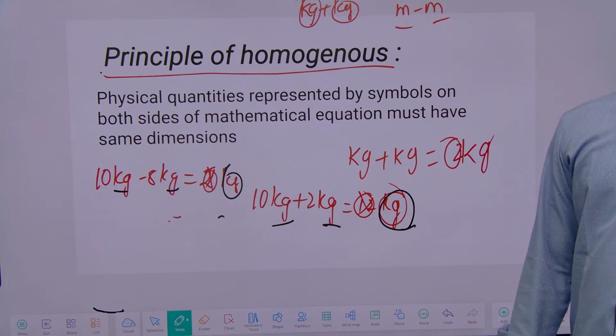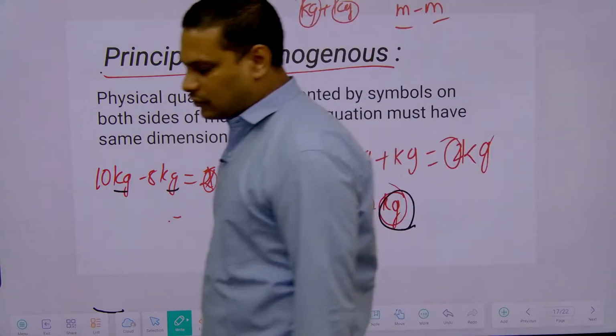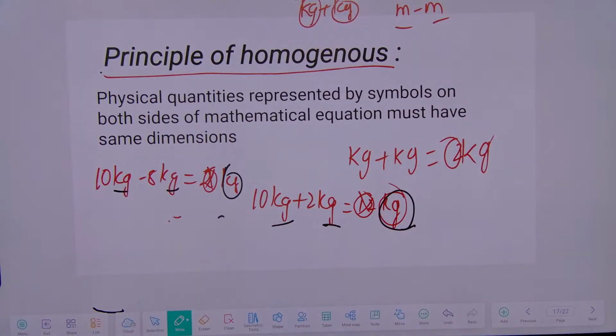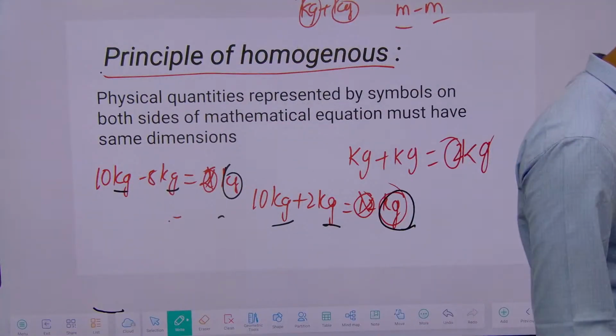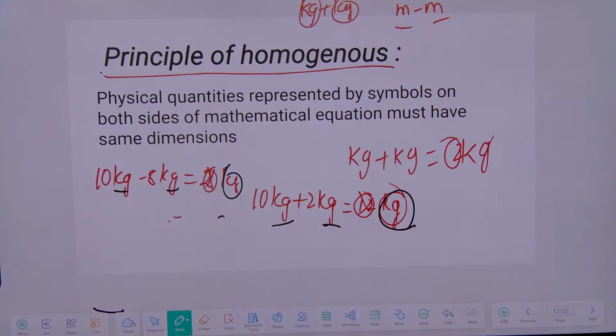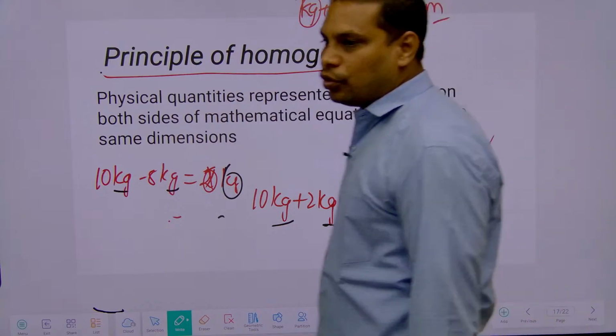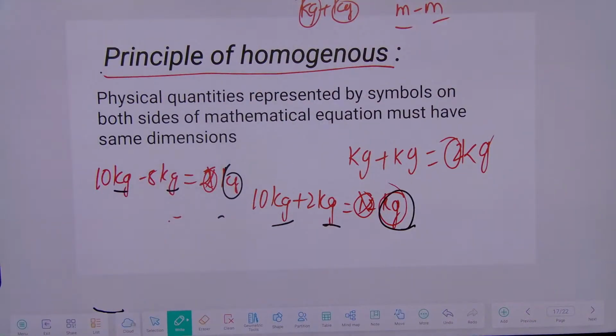Shall I explain in a short point? Write down: the addition or subtraction must be done with the physical quantities having same unit or dimensional formula.